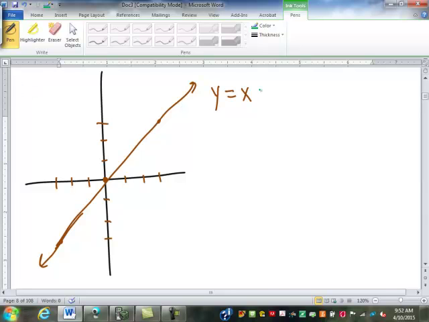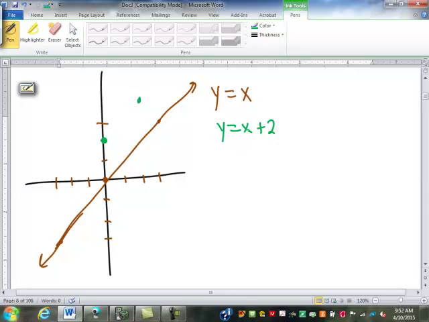Well, what are some things we can do to complicate it? Well, just like when we were solving equations earlier and we were looking at building equations, we can add something to it. We might have y equals x plus 2. Well, what's that going to do? Well, now if x is 0, what's 0 plus 2? 2. So if x is 0, y is 2. If x were 2, y would be 2 plus 2 is 4.